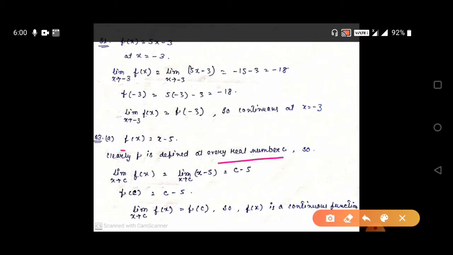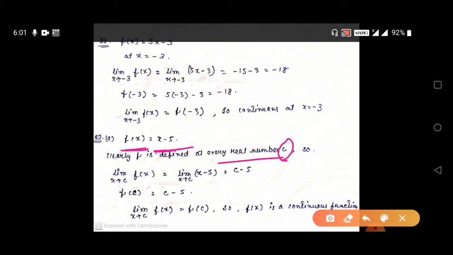That means this function is defined for any real number of this x. So we will find the continuity at c. That means by taking this c we are referring to every real number. That means here we are examining the continuity for every real number of x.